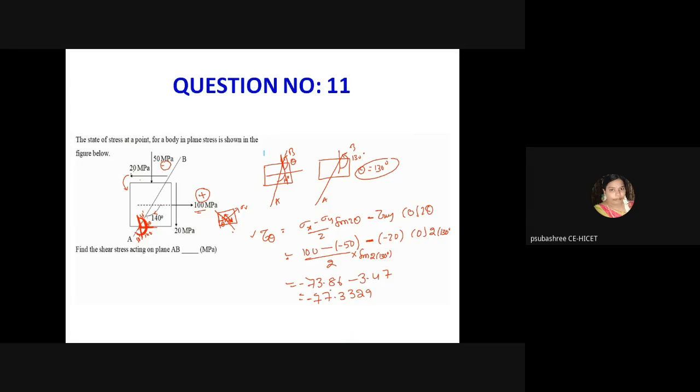Here is 20 megapascal tensile stress and compressive stress of 50 megapascals. Then find the shear stress acting on plane AB. All of you listen here. This is the plane AB.